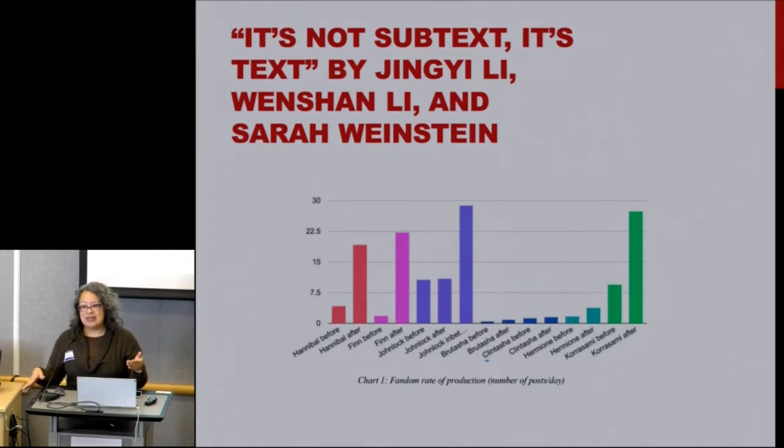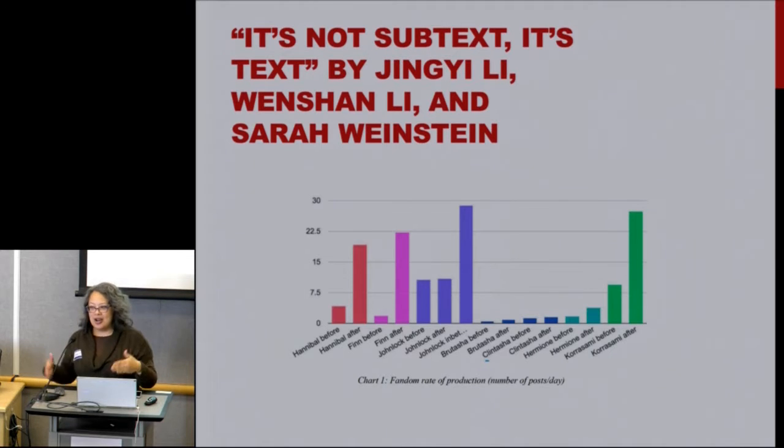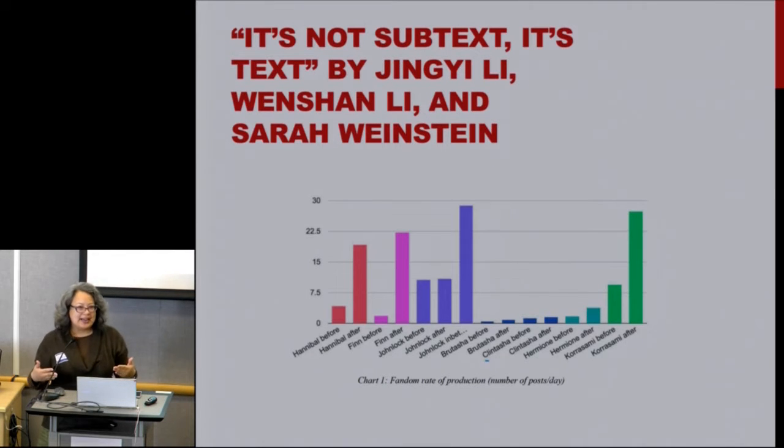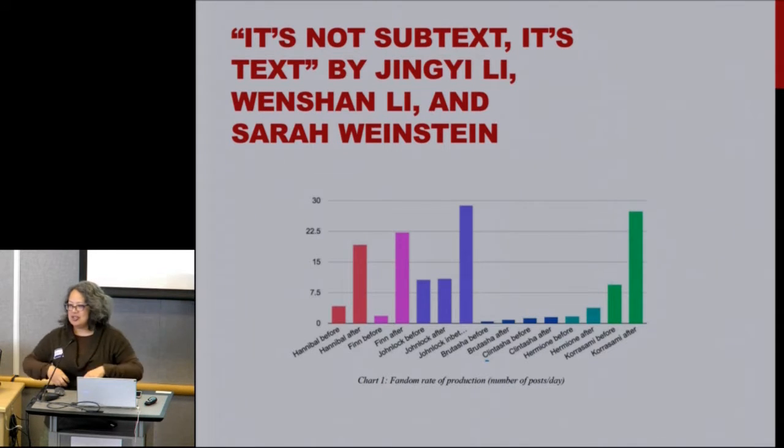So another thing they did was they created face recognition software for fan art, on the fan art site Tumblr. So they made a lot of ways to scrape data that hadn't existed before, similar to Vivian's Instagram scraper. And they, of course, found that one of the big changes of the canonical shift is just a huge explosion in fan art production.